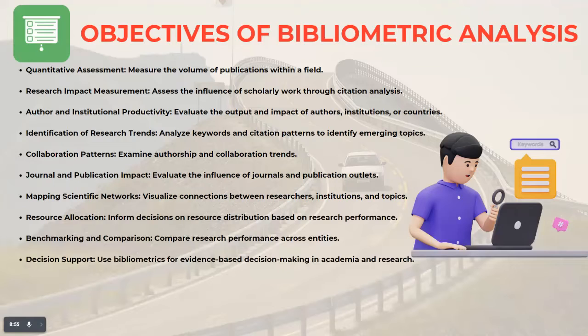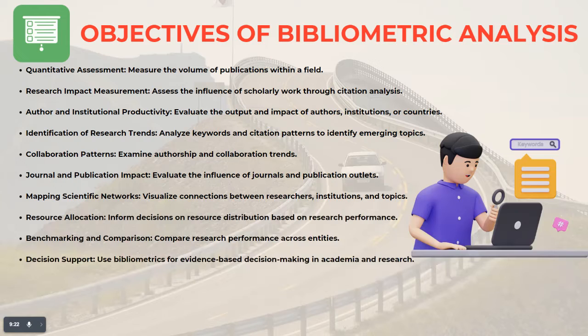When I'm doing the bibliometric analysis, I want to analyze by using quantitative assessment, right? Then I want to understand the research impact measurement. After that, I also want to understand the productivity. I also want to see the research trend and the pattern, and understand the impact of journals and publications.